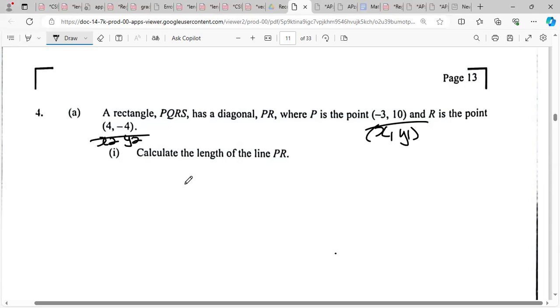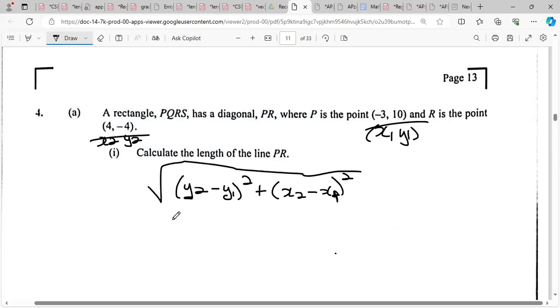So to find the length, it's y2 minus y1, squared, plus x2 minus x1, squared, all over the square root. The hypotenuse is what we are really finding.